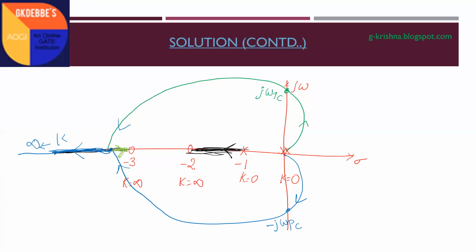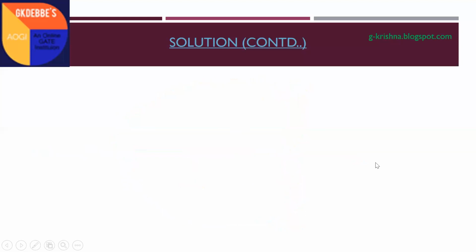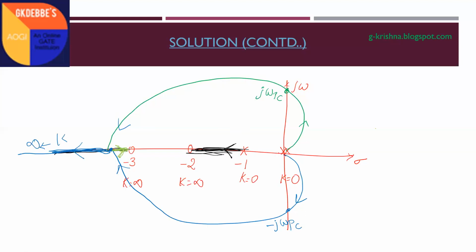For the three roots of the characteristic equation, where are they located? There are three root locus branches. One root locus branch, or one closed loop pole as k varies from 0 to infinity, goes along this black color from -1 to -2. Another branch will break away and cut the imaginary axis for one gain, and then again come to this zero at -3 itself. Another one will break away here and reach infinity with an angle of 180 degrees. So this is your root locus diagram. Hence, your correct option is D.